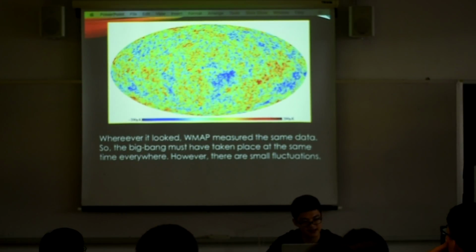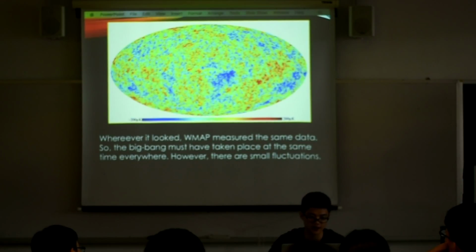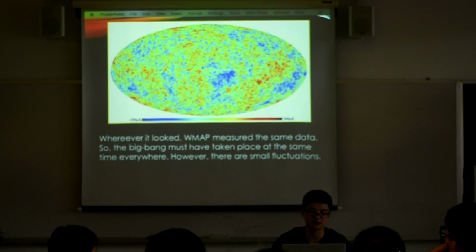We can see, although they have different colors, the temperature is almost homogeneous throughout the whole universe, because from the coolest to the hottest, the difference is plus minus 200 microkelvin. However, there are small fluctuations as the diagram shows. But this diagram proves that the Big Bang must have taken place at the same time everywhere, which is also evidence of the Big Bang theory.